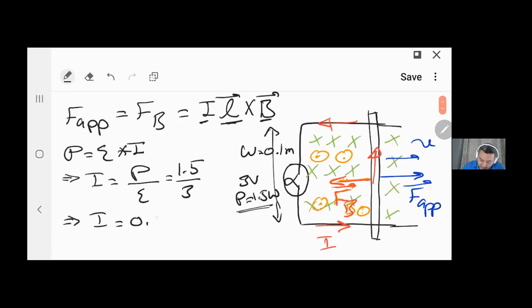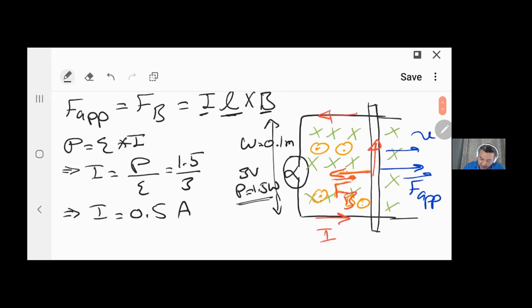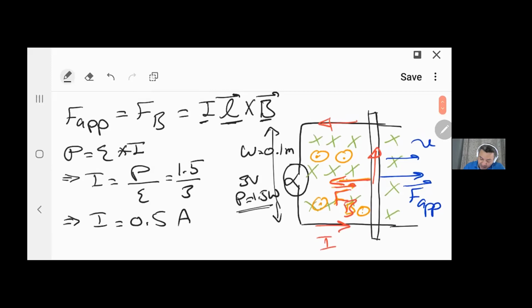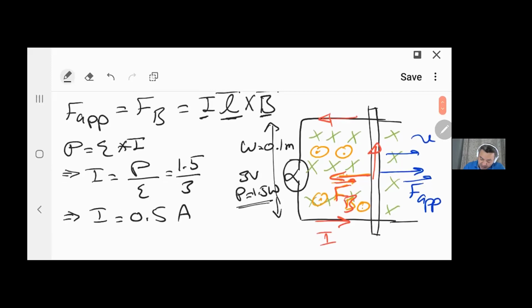I is 0.5 ampere. Back to the magnetic force.